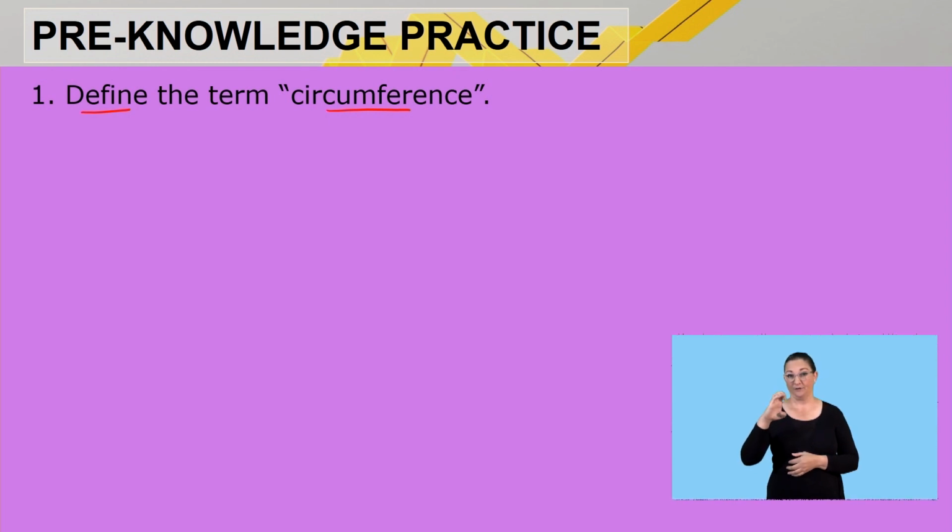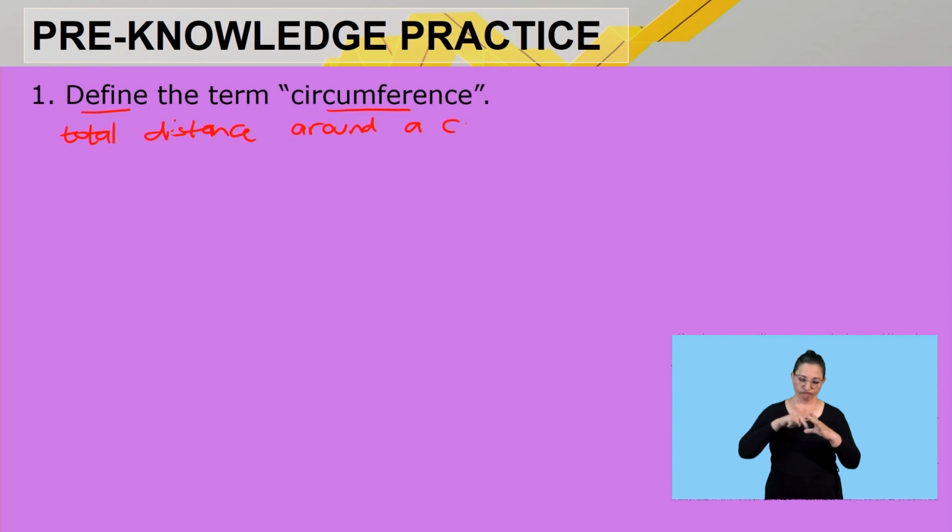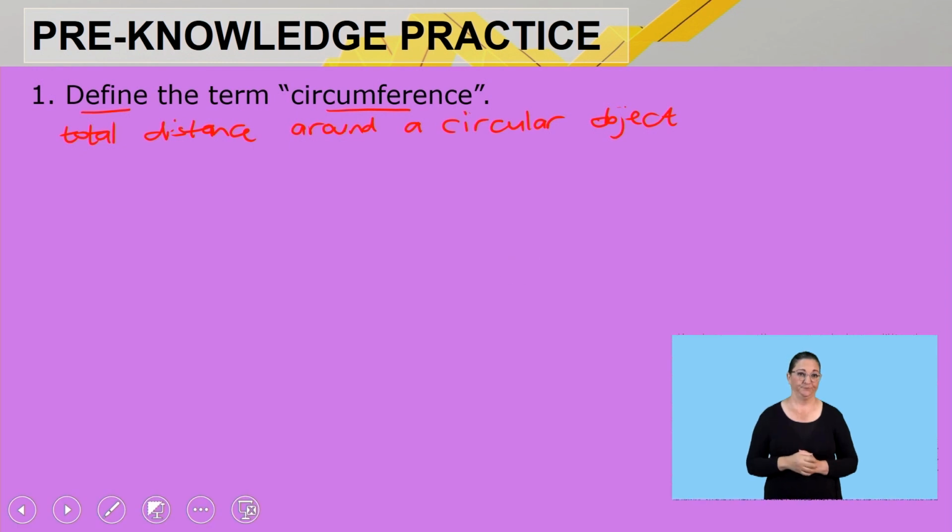In simple words, circumference refers to the total distance around a circular object. We also say that circumference is the perimeter of a circular object. So that's the answer to our first question.